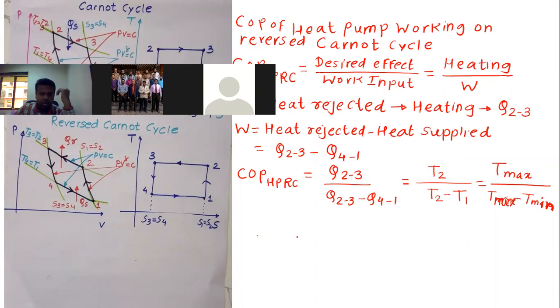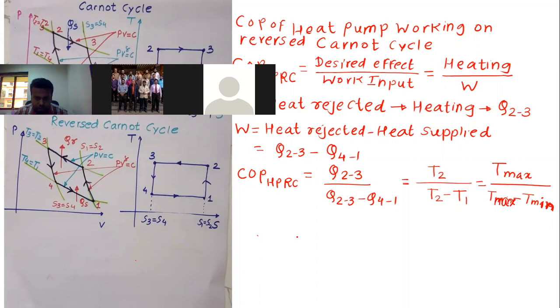So this is the only change. In the refrigerator, the numerator has minimum temperature. In the heat pump, the numerator has maximum temperature, right? Is that okay, all of you? Yes, sir.